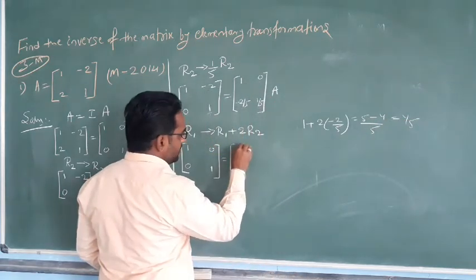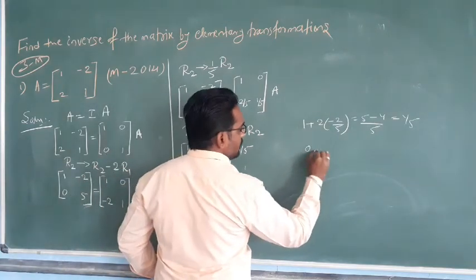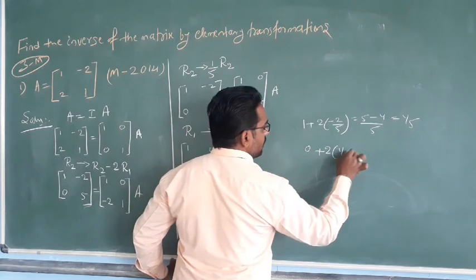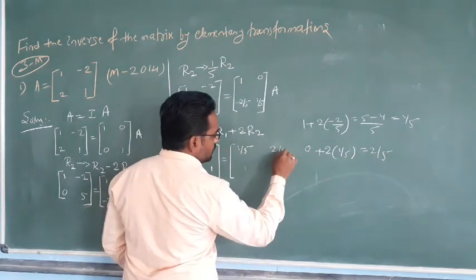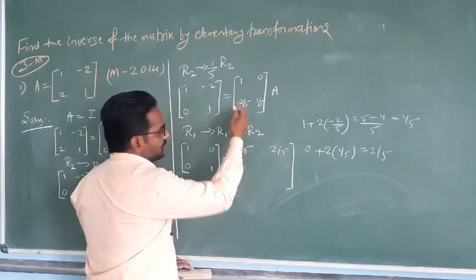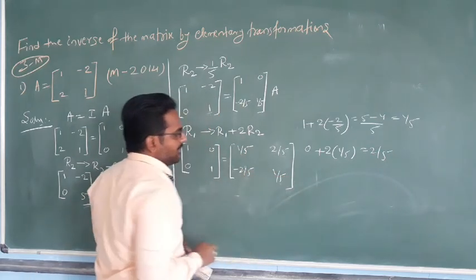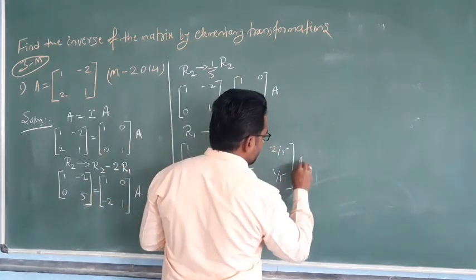The first element is 1 by 5. Next, 0 plus 2 into R2, that is 1 by 5, so we will get 2 by 5. The remaining are minus 2 by 5 and 1 by 5 into the matrix A.